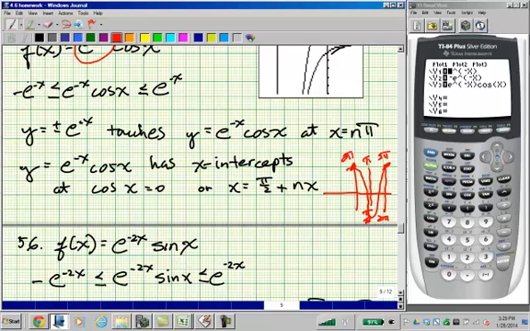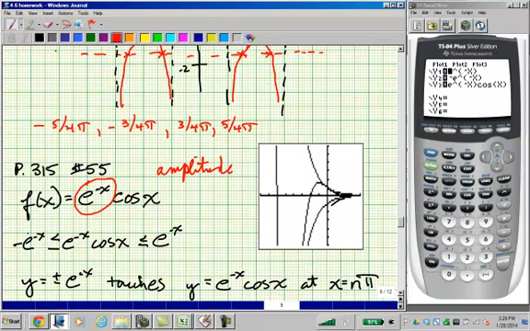It's at these multiples of pi that the graph is going to touch e to the negative x. This is e to the negative x here, and negative e to the negative x here. Wherever the cosine has a max or a min point, it's going to be touching.